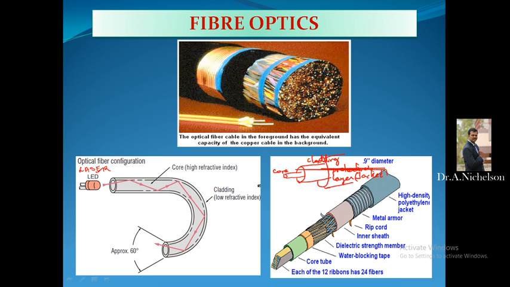Here the core has a refractive index mentioned as n1, for cladding it is n2, and for the air, the outermost outside, it is mentioned as n0.